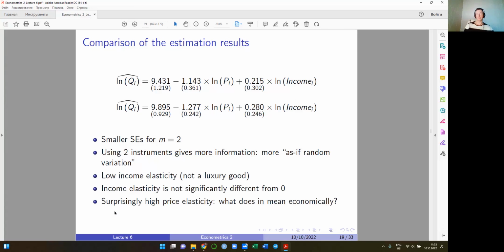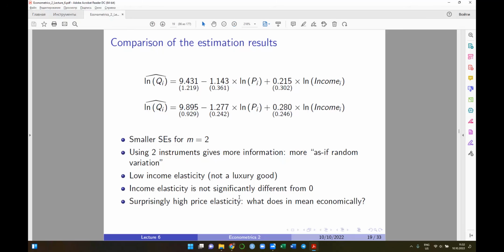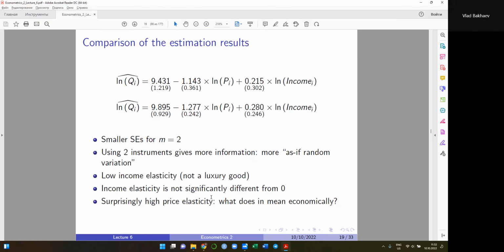And what is surprising here is that there is a high price elasticity. Why do you think it is surprising? What does it mean economically? Like higher price, less consumption. Yes, but this is the usual case for any demand function.